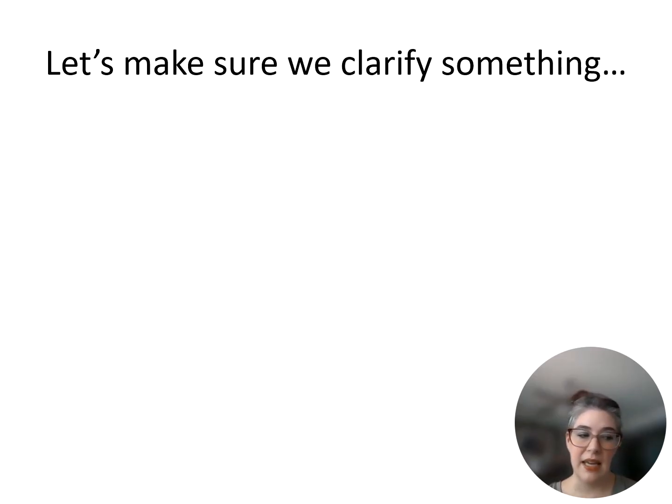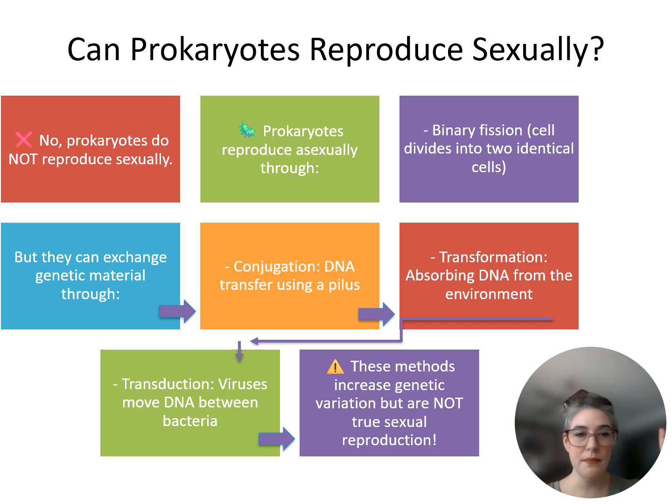But one thing that can cause some difficulty is science is a little weird sometimes, not always. So we want to make sure we clarify something that I know will probably show up somewhere at some point. So, can prokaryotes reproduce sexually? Sort of, yes, but not really.